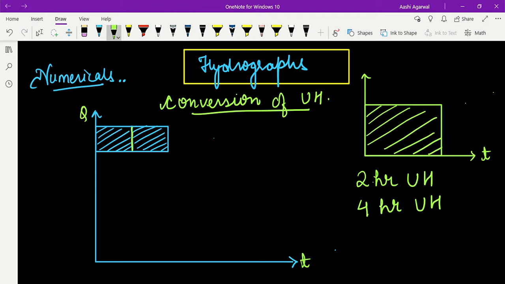In the coming series you will also understand how, at any section, suppose this is a catchment and at this particular stage you have the hydrograph, how can you get the hydrograph at this particular segment, or maybe some 10 kilometers away?